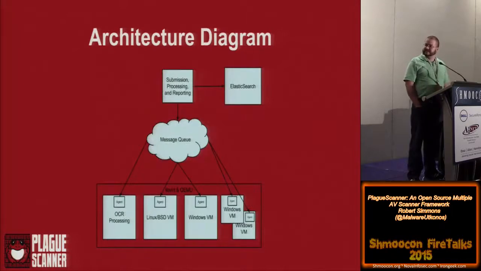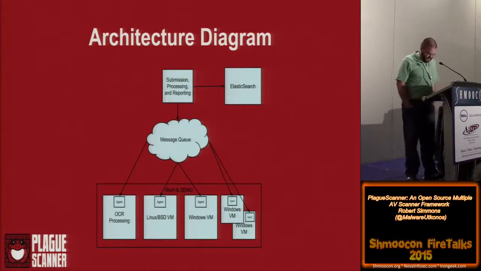So this is a very simplistic architectural diagram of how I have it set up. Up at the top is the submission, processing, and reporting element. The message queue is the little cloud there, and that sends the jobs out to the various VMs, and I have a little agent in each one of the VMs.